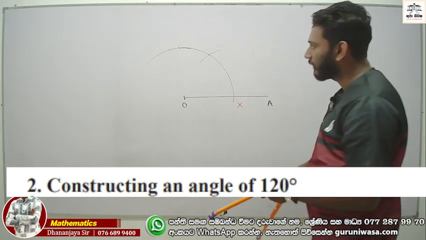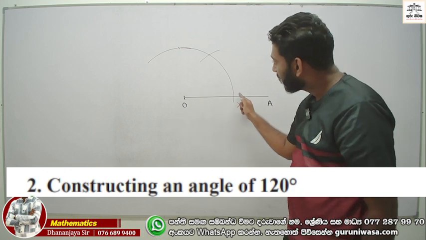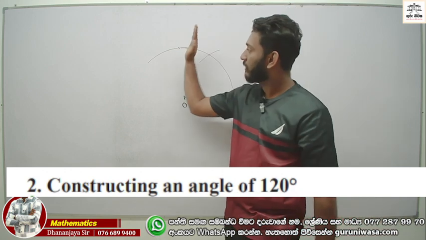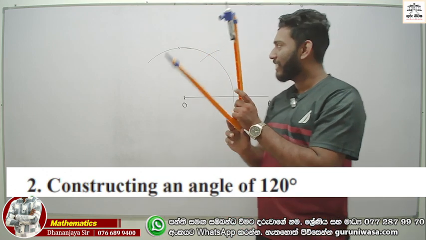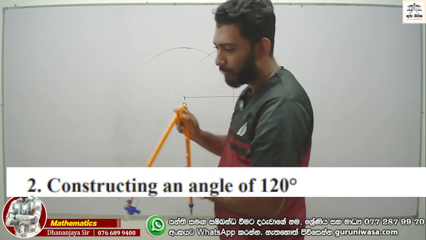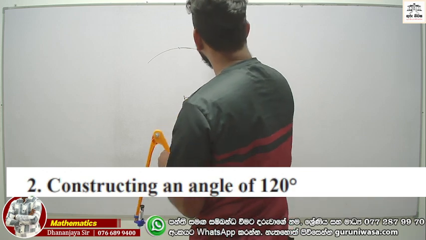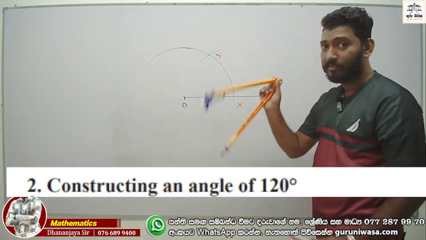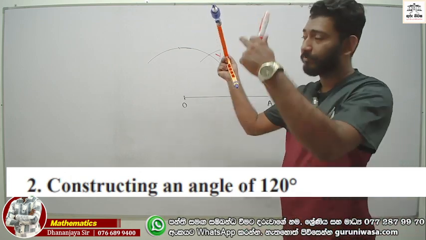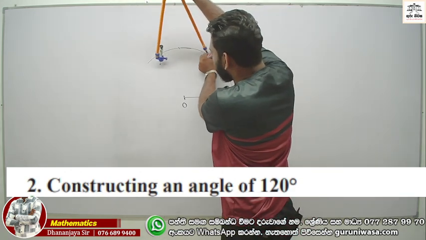Now, this is the first intersection point and we know this is 60 degrees. Here to here, here to here, 60 degrees. Now, don't change the radius. Now, again, place the compass on Y, and I'm going to mark Y here. Now, don't change the length of the radius. Now, take Y as a center and draw the arc again.